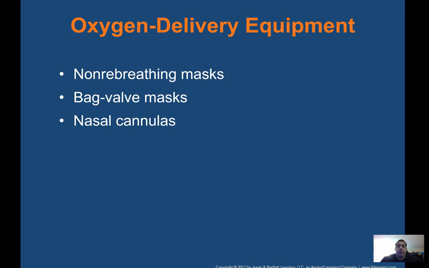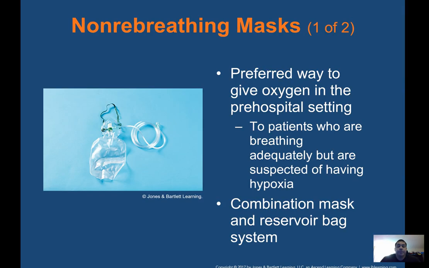Oxygen delivery equipment: non-rebreathing mask, bag valve mask, nasal cannulas. The non-rebreathing mask is the preferred way to give oxygen in the pre-hospital setting to patients who are breathing adequately but are suspected of having hypoxia. It is a combination mask and reservoir bag system.